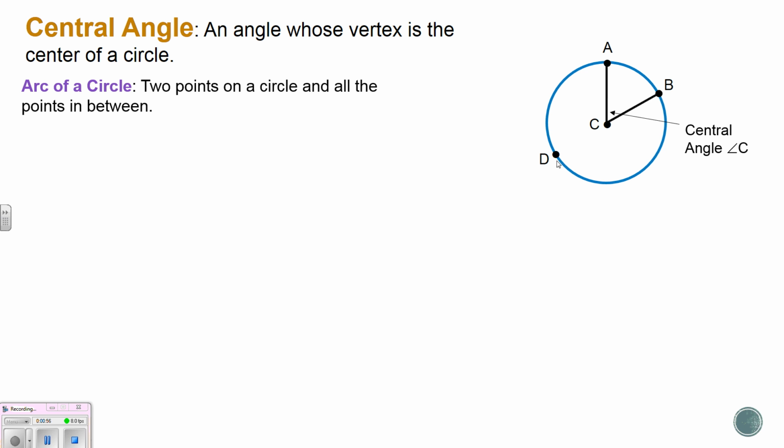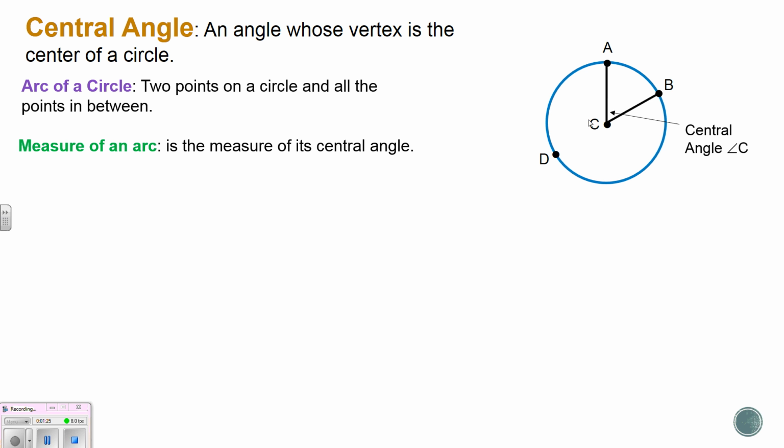So you can imagine if there's a lot of different points on a circle, there's a lot of different arcs. So we need to classify our arcs, and when you classify them, it's all based off of the measure of an arc. And the measure of an arc is in degrees, and it's the same as the measure of the central angle that is created by that arc.